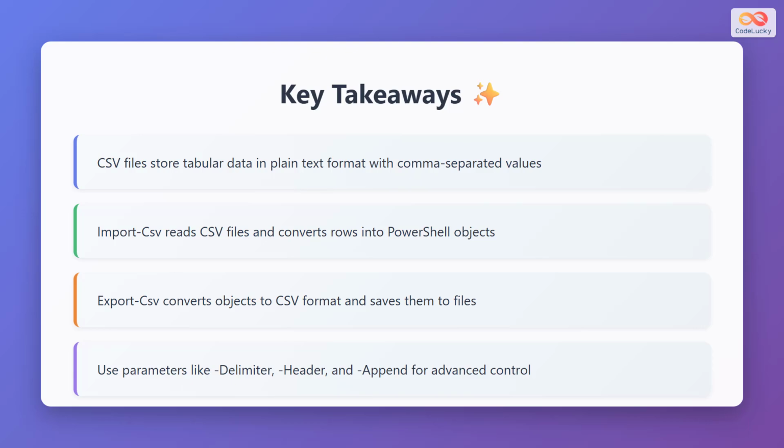Both cmdlets support parameters like Delimiter for custom separators, Header for custom column names, and Append for adding data to existing files. With these tools, you can easily import data for processing and export results for sharing or further analysis. Practice using these cmdlets with your own data files to become proficient at CSV manipulation in PowerShell.